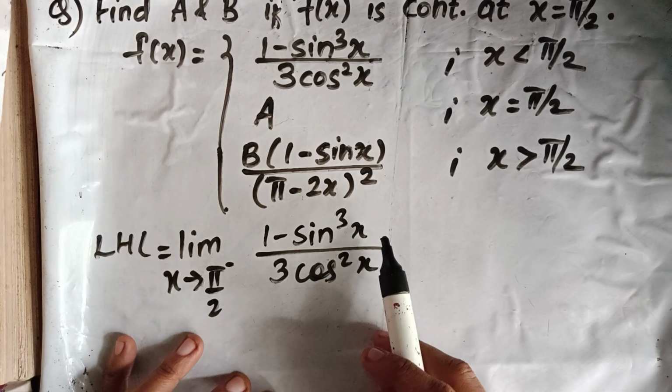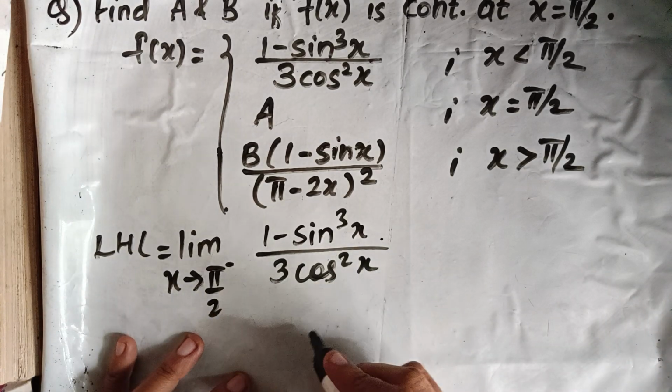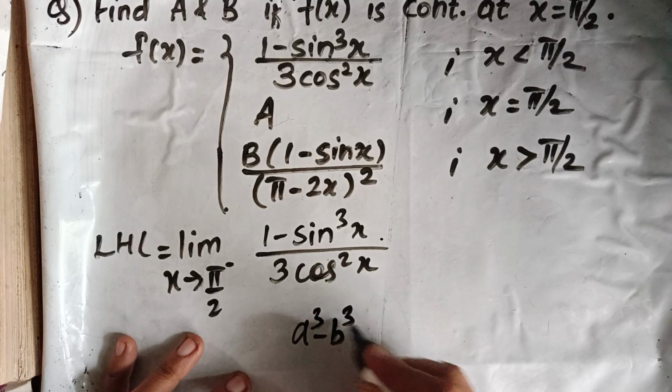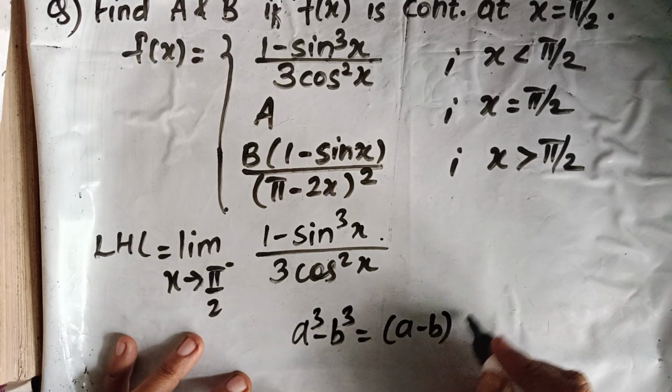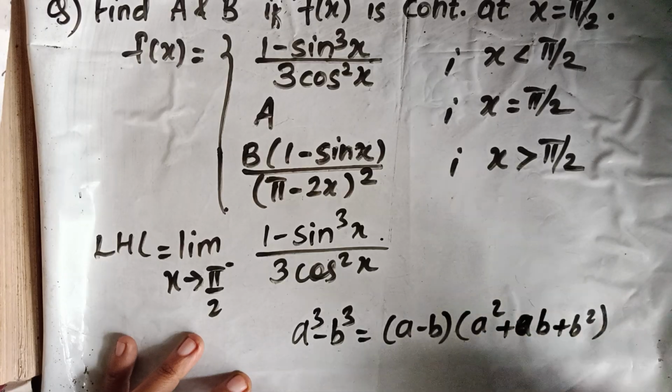So 1 minus sine cube x, you have to use the a cube minus b cube formula. Okay, a cube minus b cube formula is what? a minus b, a square plus ab plus b square.